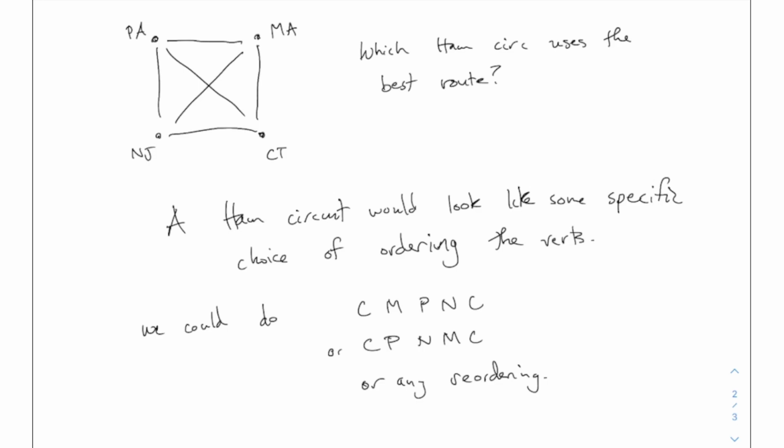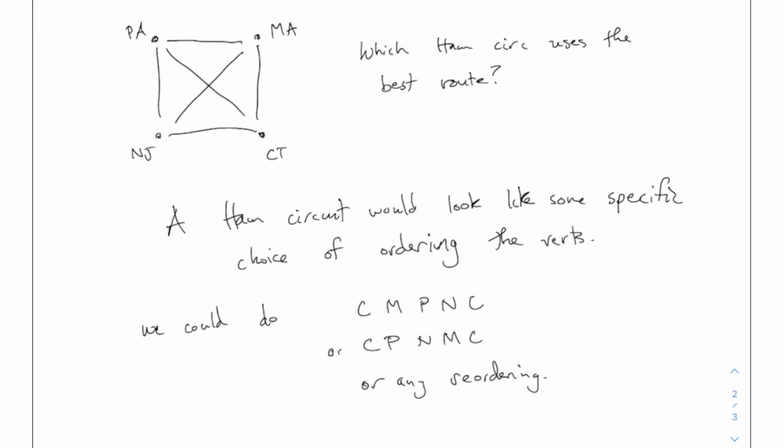When you have edges everywhere in a graph, you can make a Hamilton circuit by just rearranging the order. Now, I said we should start and finish at Connecticut, but other than that, I can rearrange the other 3 vertices in any order you want, and you will get a Hamilton circuit. All right.